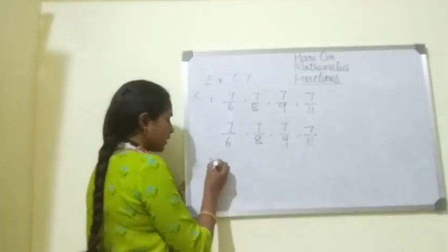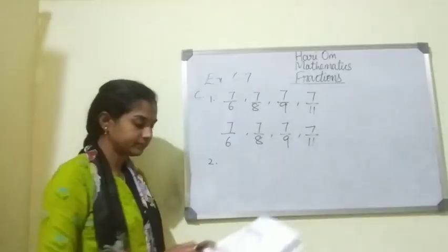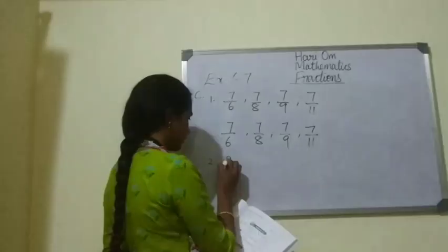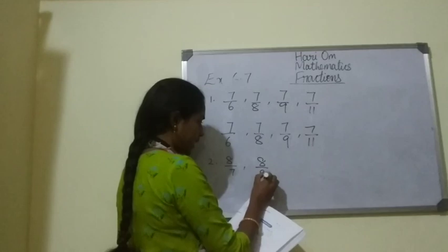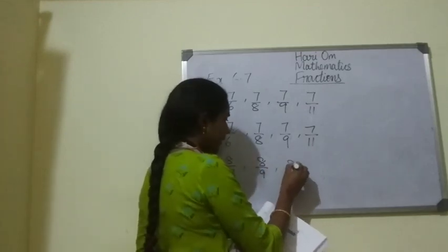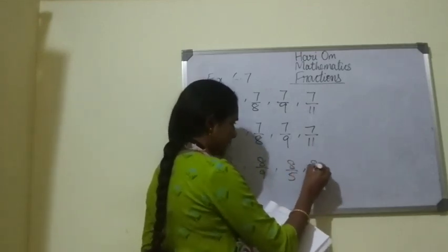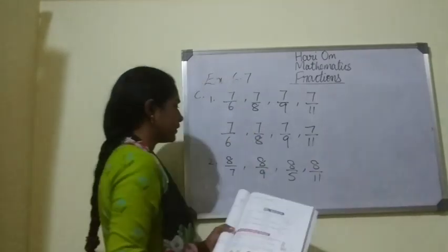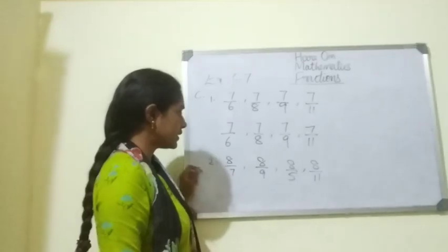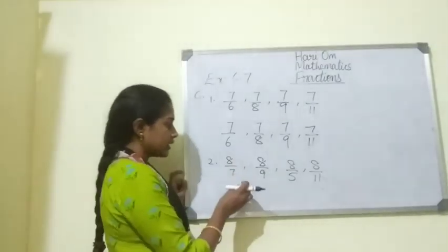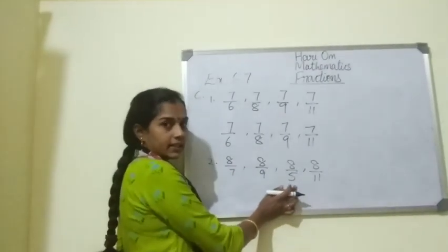Okay. Next, second one. 8 by 7, 8 by 9, 8 by 5 and 8 by 11. Okay, so we have 8 in all the numerators, and denominator, the smallest number is the greatest fraction.